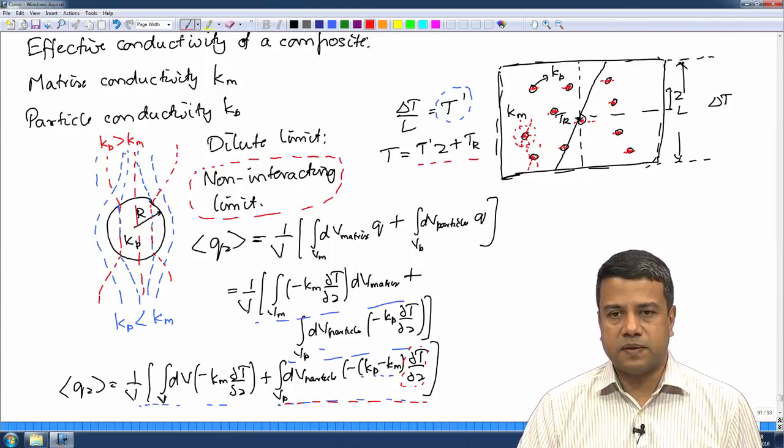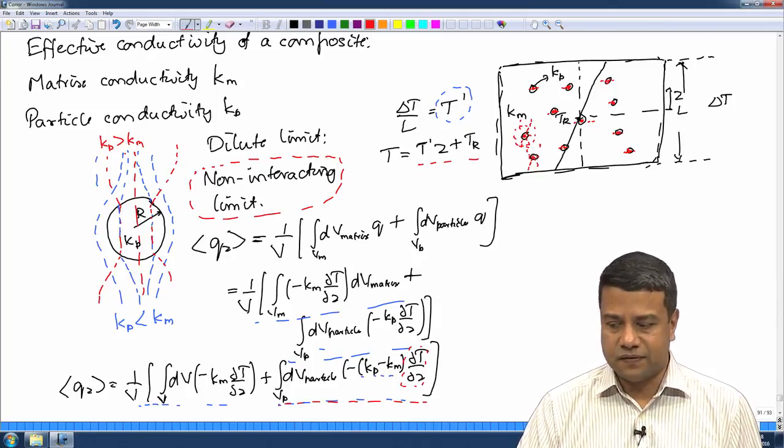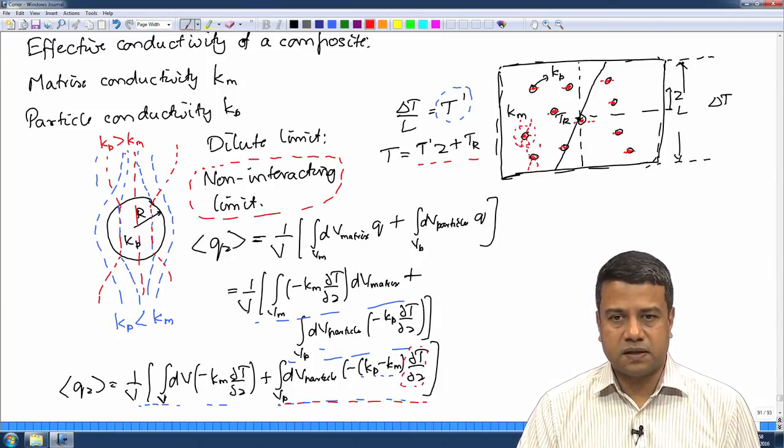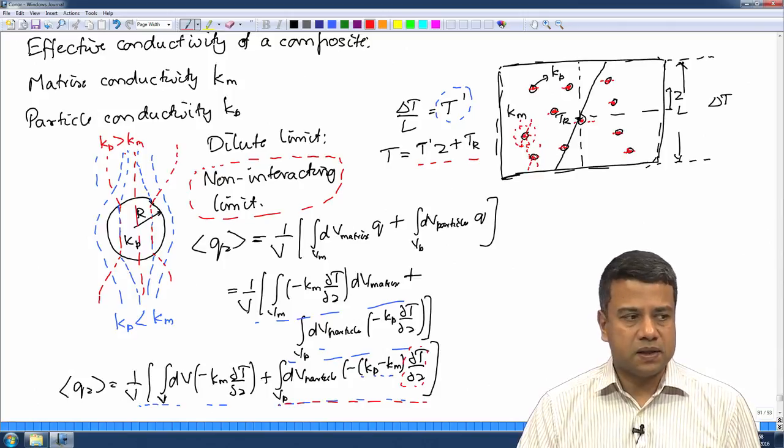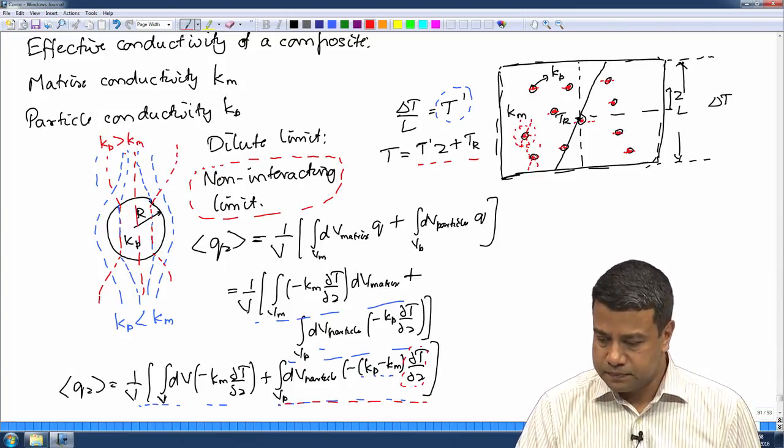Composites are often used because their properties are different from and better than just single phase materials. A small amount of added material can result in a significant change in properties such as the strength, the electrical and the magnetic properties and so on. In this case, we were looking at the thermal properties.